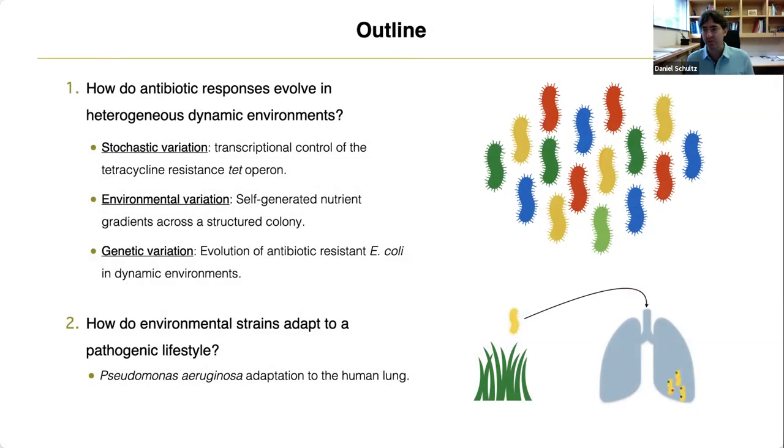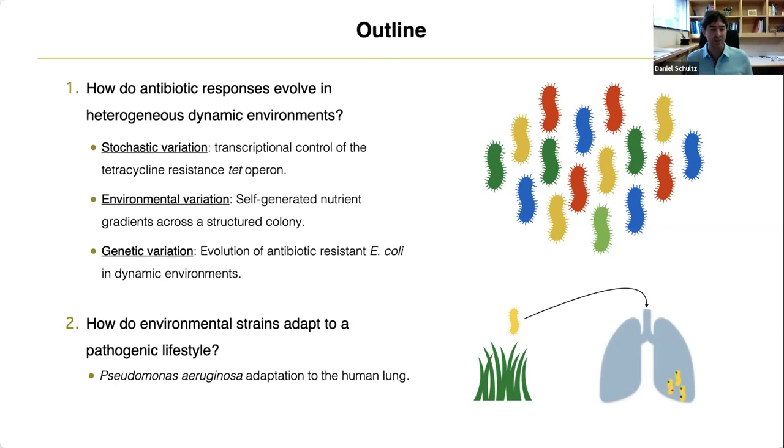First we're going to use tetracycline resistance in E. coli, which is basically the most studied antibiotic resistance mechanism in the most studied organism there is. We'll see how antibiotic resistance proceeds under the three main sources of heterogeneity that we know in microbial cultures: stochastic variation, environmental variation, and genetic variation.